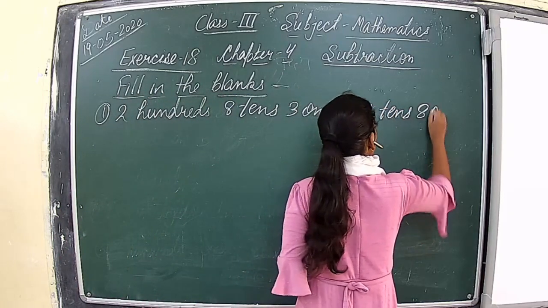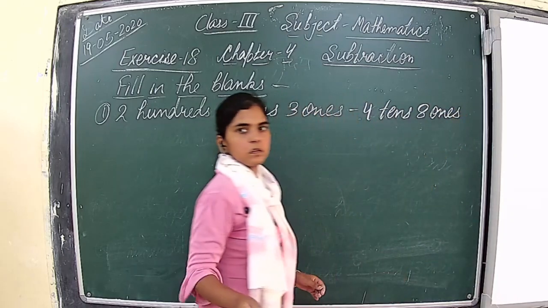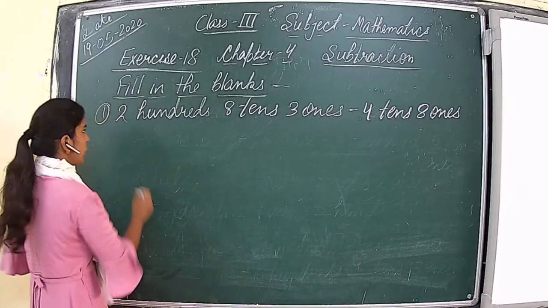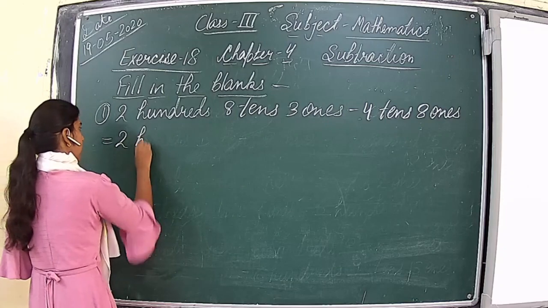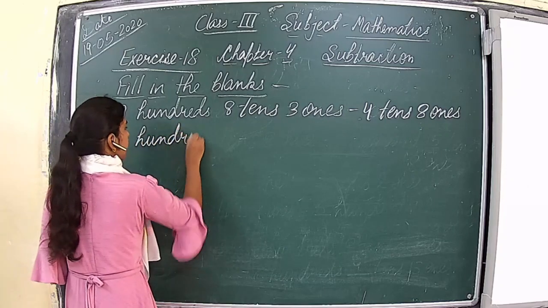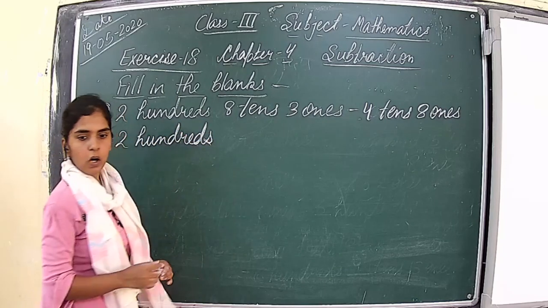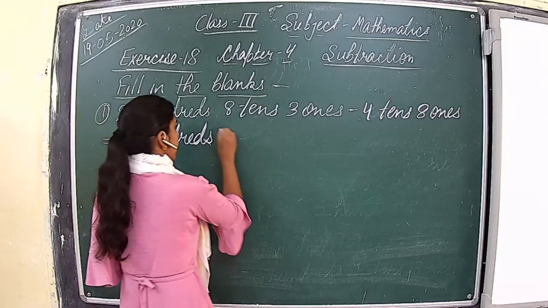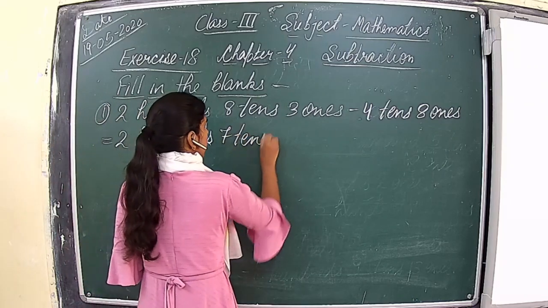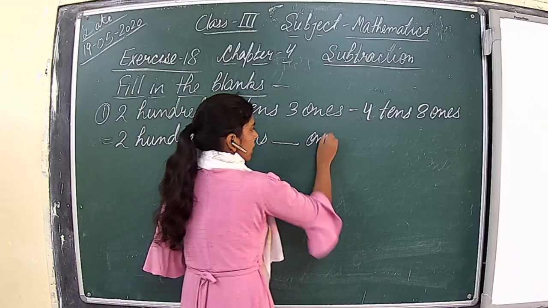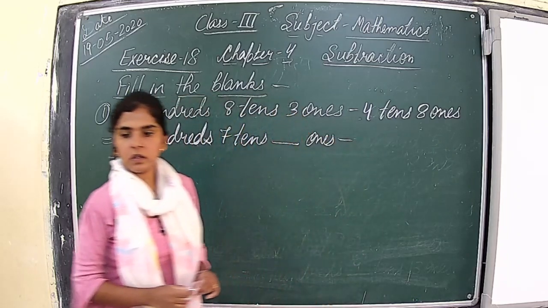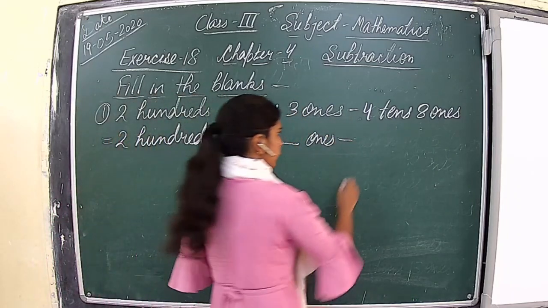It is equal to 200, 7 tens, dash 1 minus 4 tens and 8 ones.